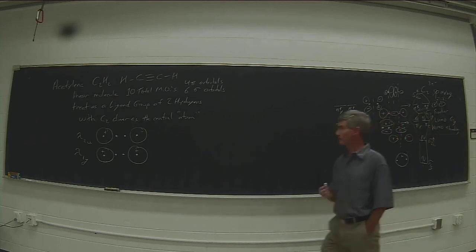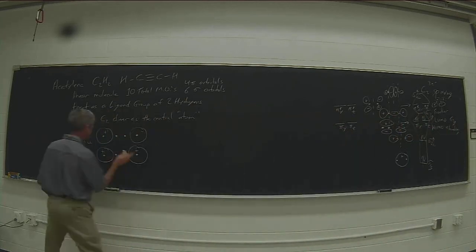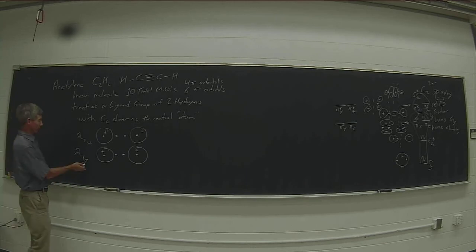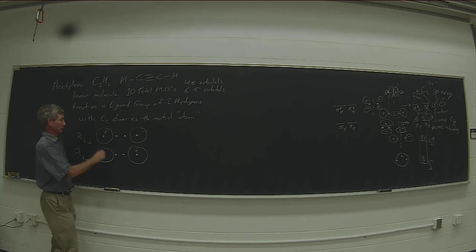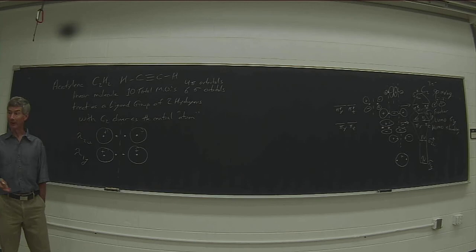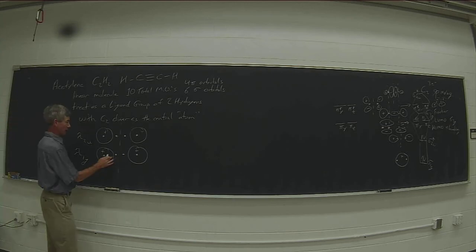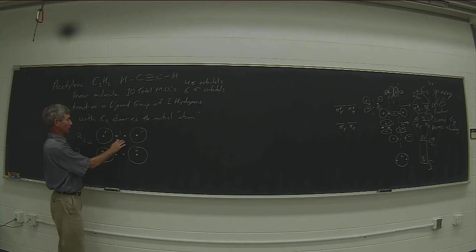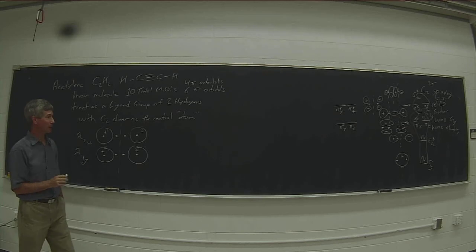into the ligand group. So now we need to classify the orbitals as either gerade or ungerade with respect to reflection through the plane perpendicular to the bond axis bisecting the molecule. This one is gerade because the sign on the orbital will not change as we reflect it, and this one is ungerade because reflection changes the sign. Positive lobe reflects into the negative.